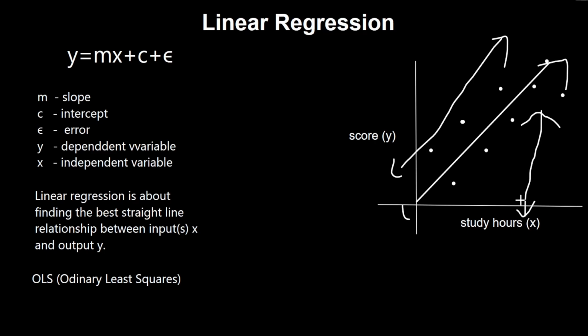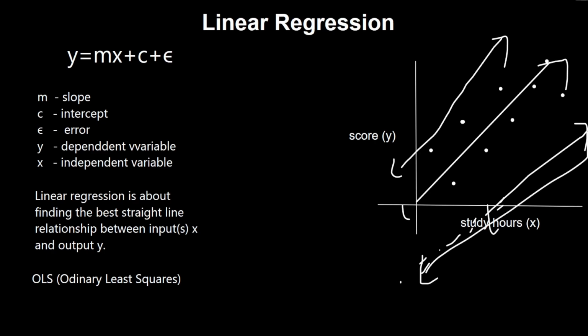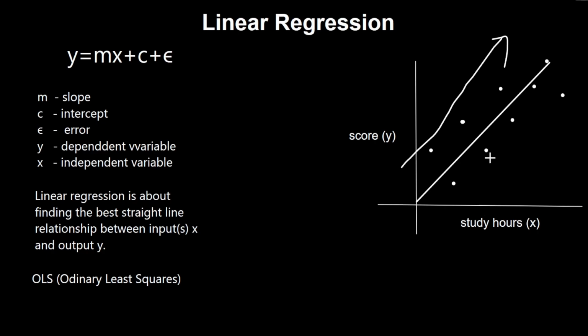We can just adjust the slope so that it will be more steeper, and hypothetically if we extend this line, it will intersect here. If we adjust the intercept, we can get this line. Similarly, we can manipulate the line anywhere we want. That's what the model does. It can move the line anywhere it wants, such that we find the best fitting line here.